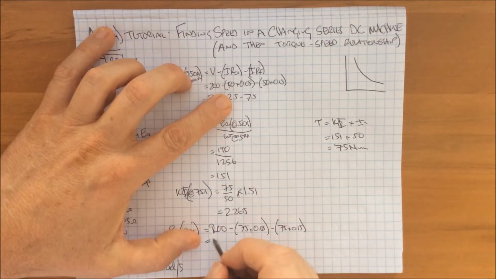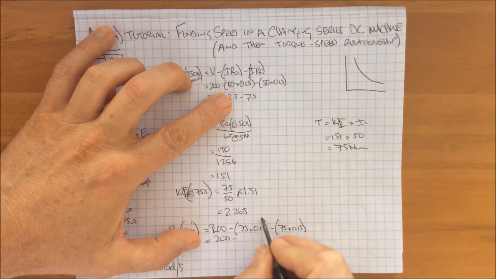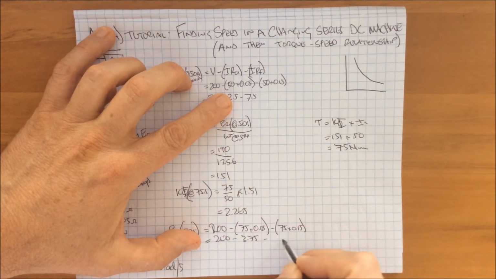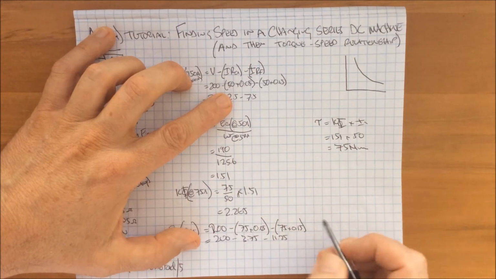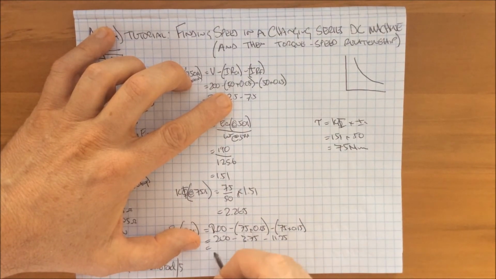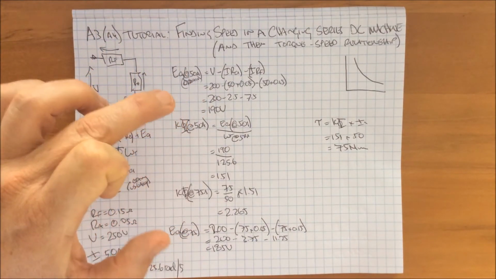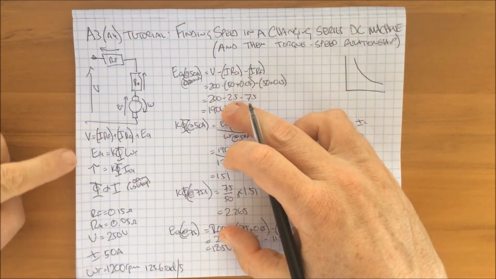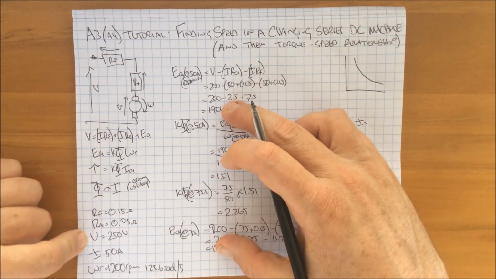That comes down to 200 minus 3.75 minus 11.25, which gives us a total of 185 volts. And again, this machine is operating as a motor. Our back EMFs, both of them, are less than our input voltage. That's good, and it's about 90%, that's fine.